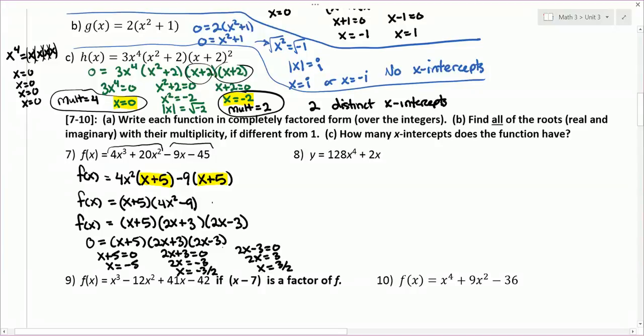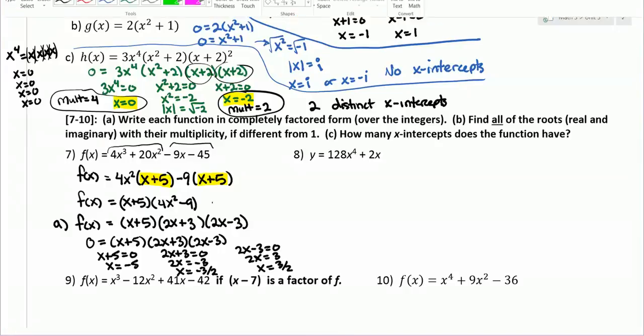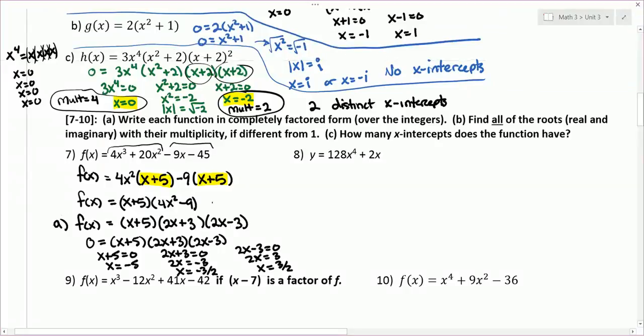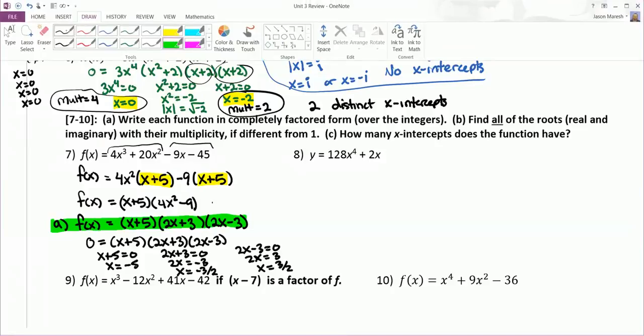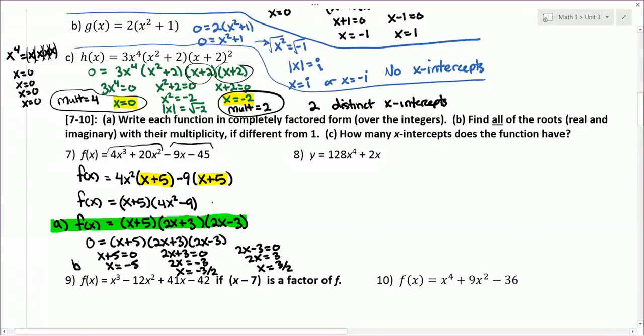And so part A, I will highlight here. Part A said to factor over the integers. Part B said to give all the roots, real and imaginary. That's part B. Sorry.